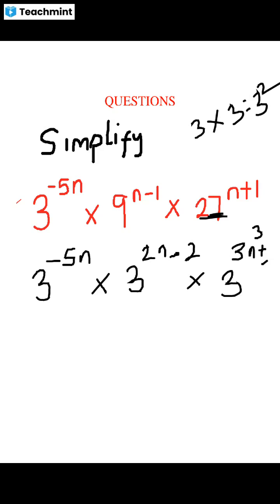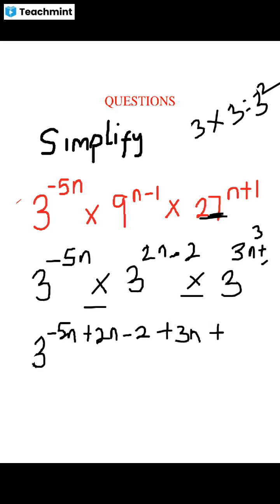Now, we are going to add all the powers because everything is multiplication. 3 raised to power minus 5n plus 2n minus 2 plus 3n plus 3. Let's carry this out.